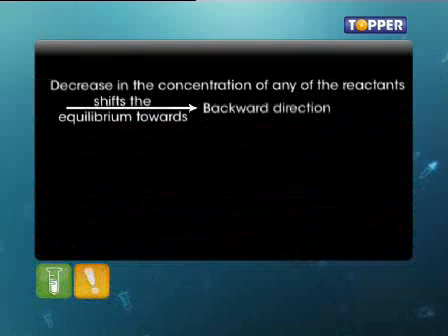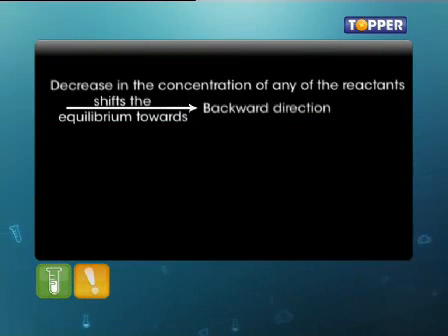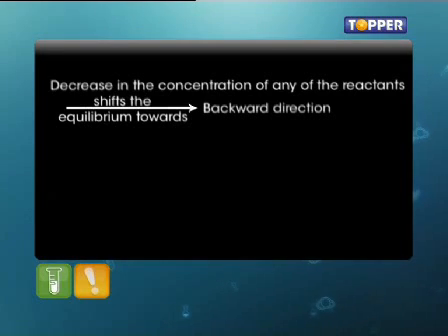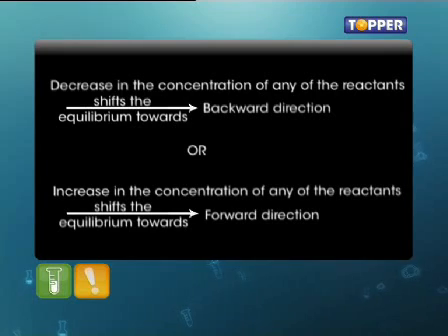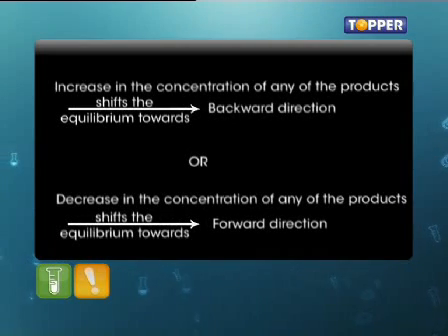By Le Chatelier's principle, in order to minimize the effect of the decrease in concentration of Fe3+, the red colored complex dissociates to shift the equilibrium. We can now conclude that a decrease in concentration of a reactant will shift the equilibrium in the backward direction. Similarly, an increase in the concentration of a reactant will shift the equilibrium in the forward direction. Similarly, equilibrium can also be manipulated by varying the amount of the products.